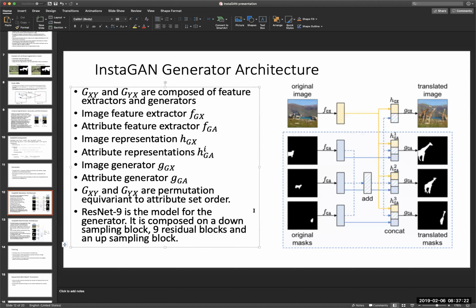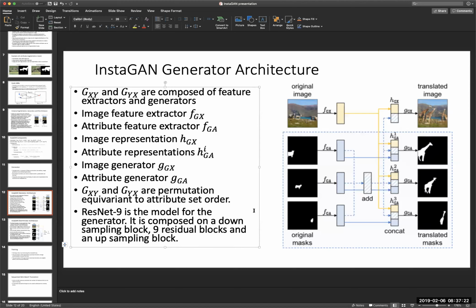Here's an example of the sheep to giraffe translation, and it's going to compare CycleGAN with InstaGAN, and the data set is MS COCO. So here's the original data on the left with sheep, two different examples. Here are the masks associated with the sheep. And here is the CycleGAN output.